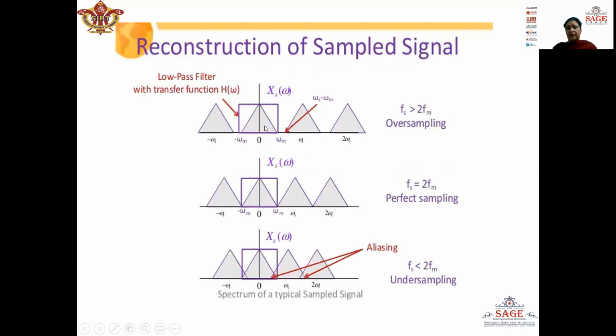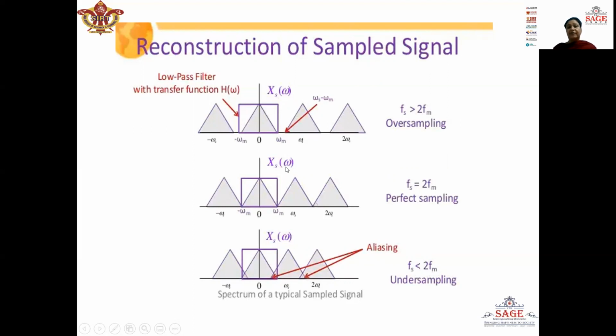Now for recovering my message signal, I'll use a low pass filter which will have cutoff frequency plus minus omega m. This low pass filter will pass only the basic signal spectrum and will reject the other higher frequency components. So in this way, we will get the message signal at the destination.